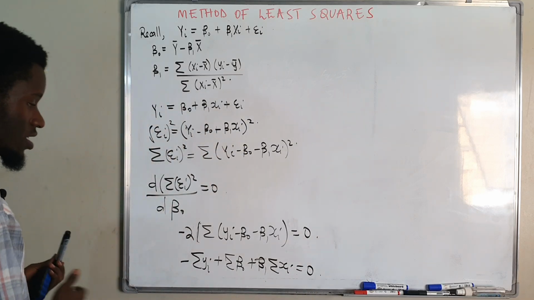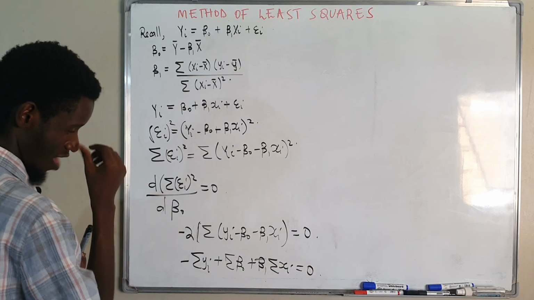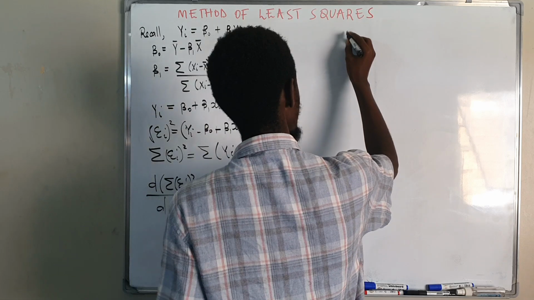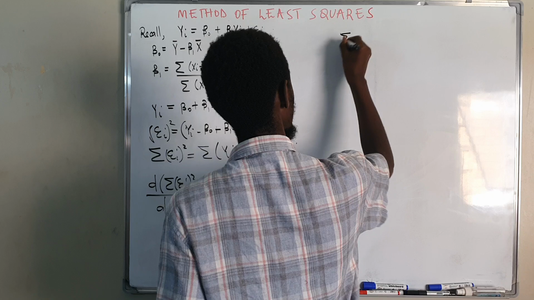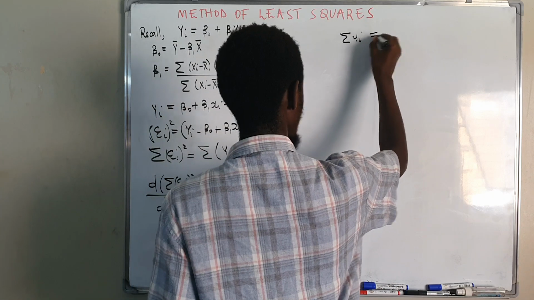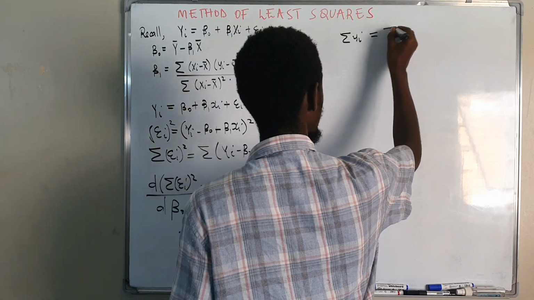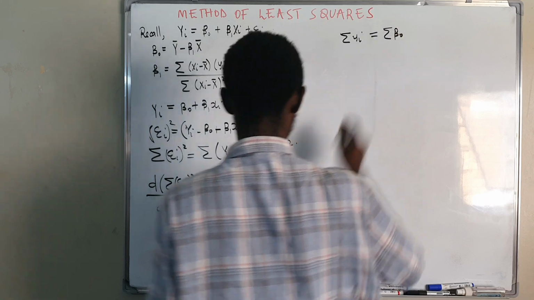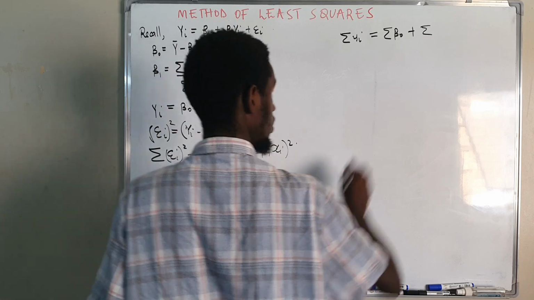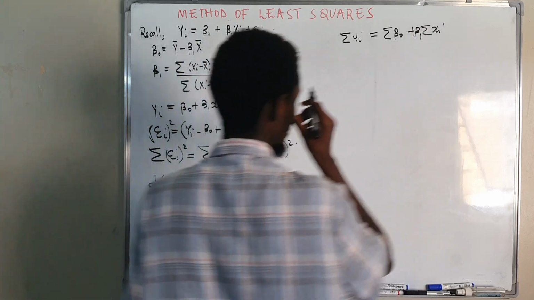Now from this step, I'm seeing that the negative term can just go this side and becomes a positive, and then these ones remain this side. This is the same thing as having summation of yi equaling, now these ones I have remained this side, summation of beta naught, plus beta 1 summation of xi, like that.